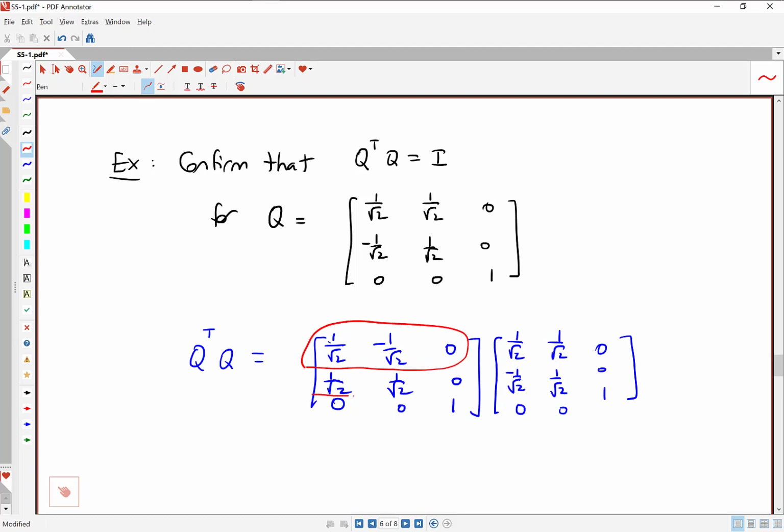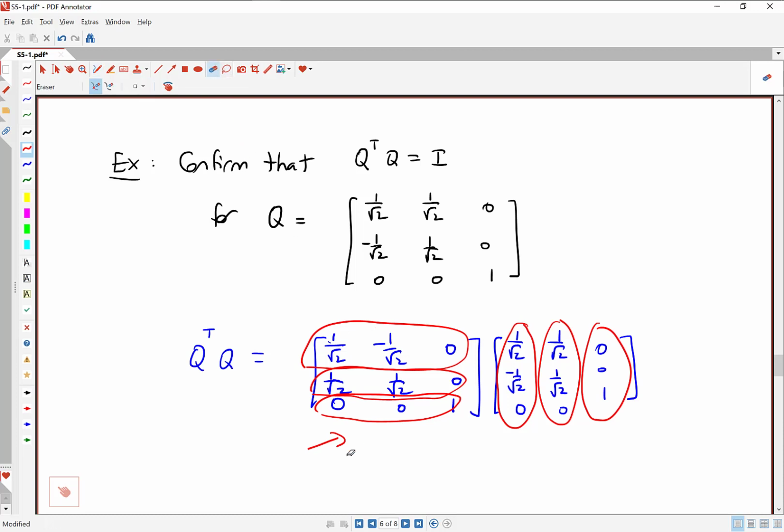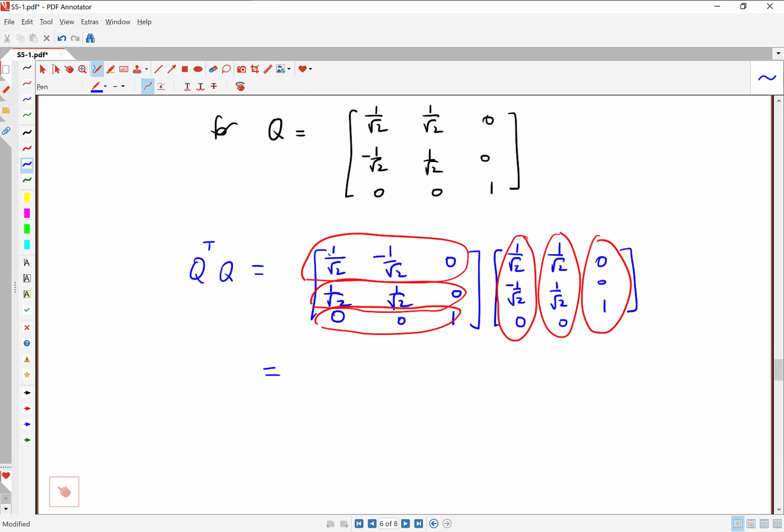Let's circle the rows of the first matrix and the columns of the second matrix. And because the first matrix here is Q transpose, when we say circle the rows of Q transpose, that's really like circling the columns of Q. So essentially what we're doing here is taking dot products of the columns of Q with themselves.